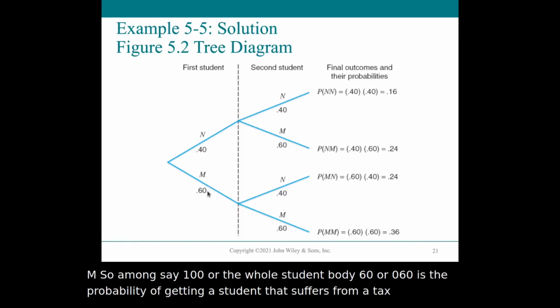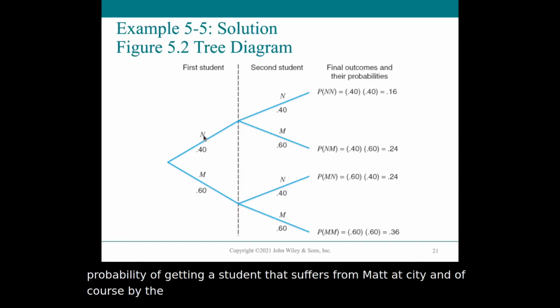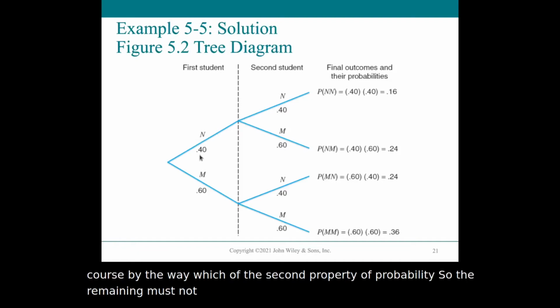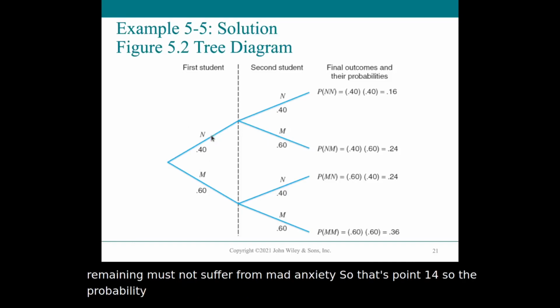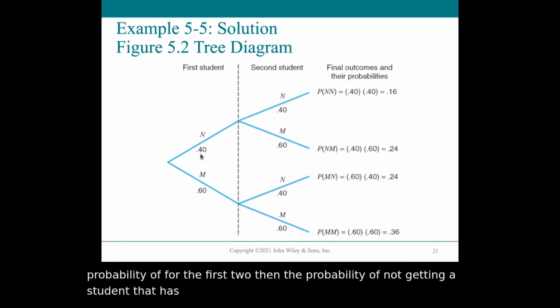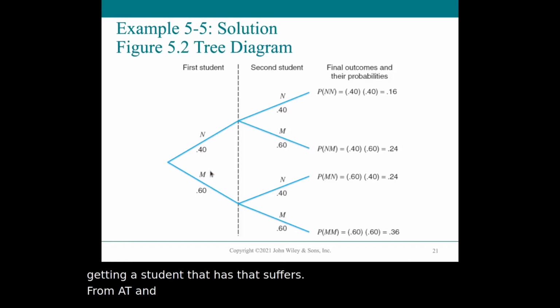And by virtue of the second property of probability, the remaining must not suffer from math anxiety. So that's 0.40. For the first student, the probability of not getting a student that suffers from math anxiety is 0.40, and getting a student that suffers is 0.60.